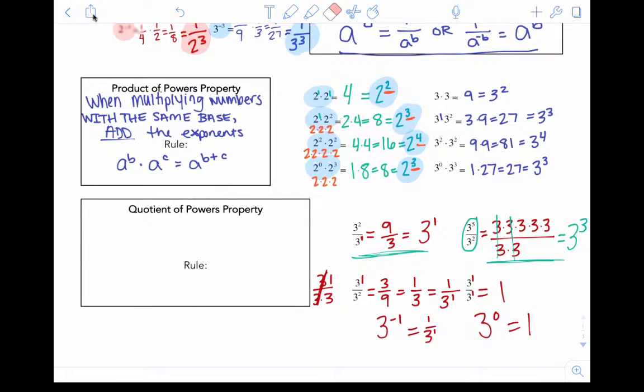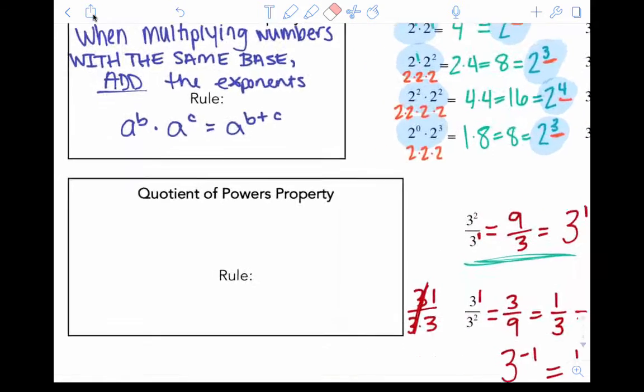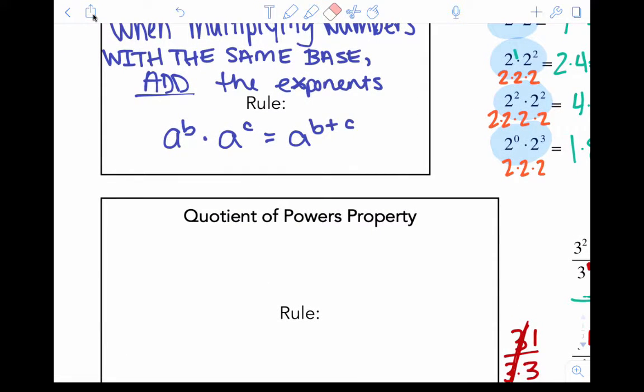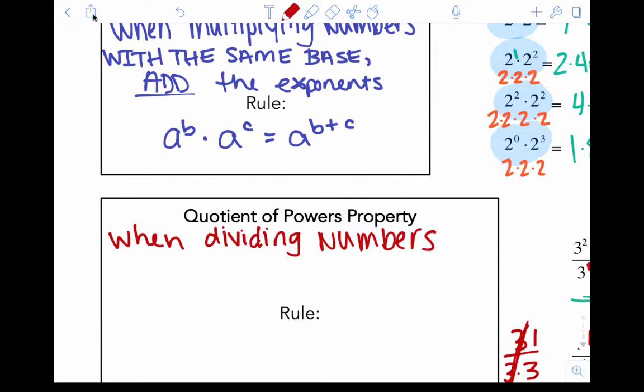So coming over here to my quotient of powers property, it's going to be very similar to my product of powers property, but now it's going to say: when dividing numbers, once again, they have to have the same base.